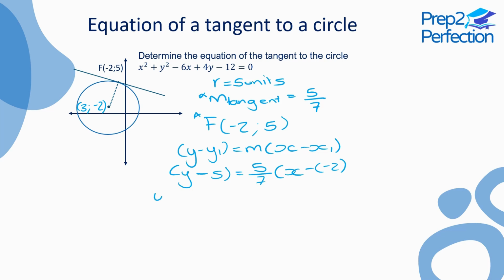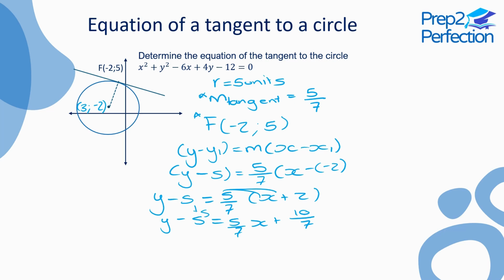So y − 5 equals 5 over 7 (x + 2). Then we sub everything in, so y − 5 equals 5 over 7 x plus 10 over 7.